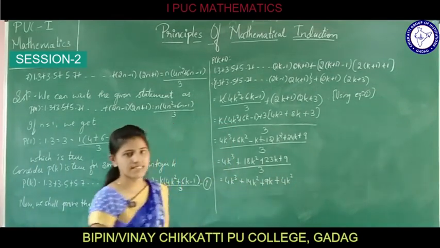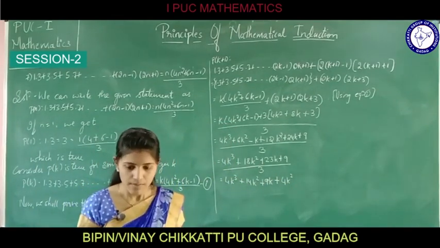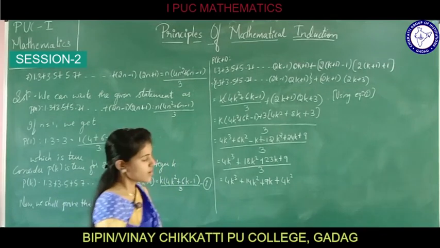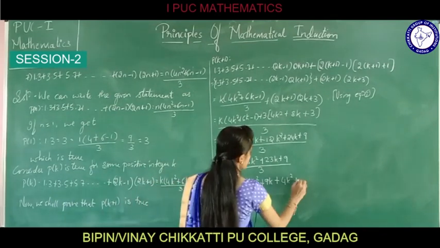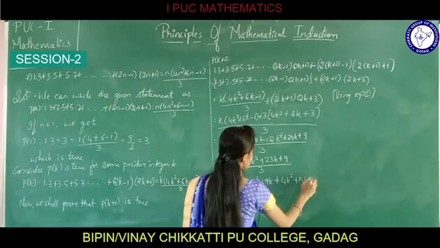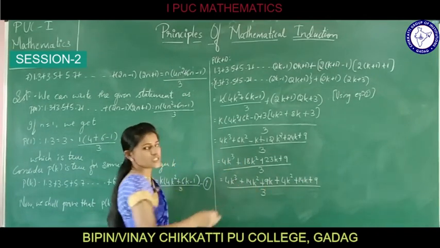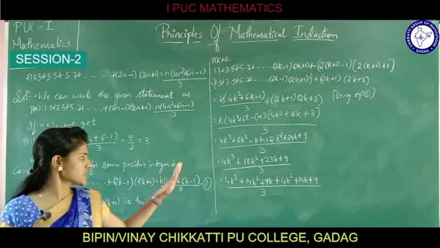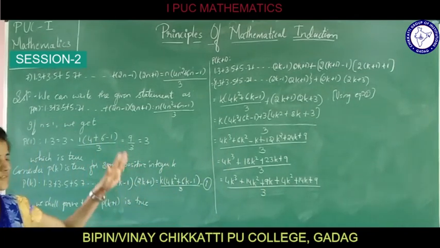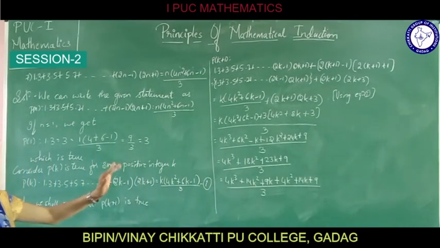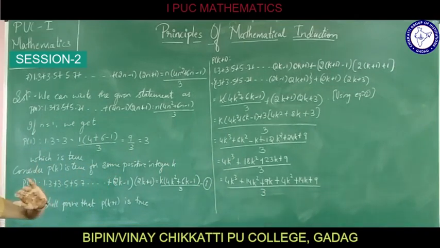Among 23k I have taken 9k, means leftover again is 14k plus 9 divided by 3. 18k square is written as 14k square plus 4k square. 23k is written as 9k plus 14k and plus 9 is kept as it is.